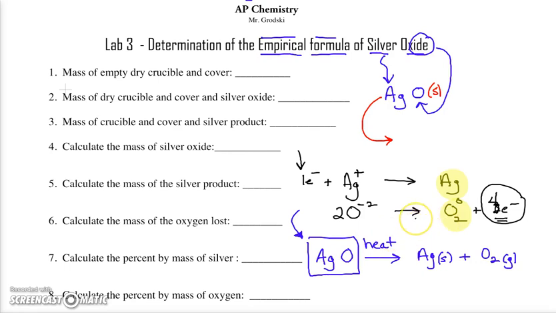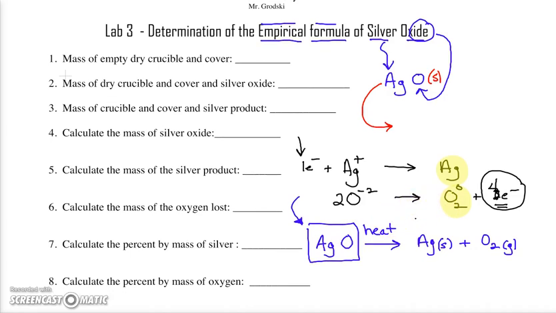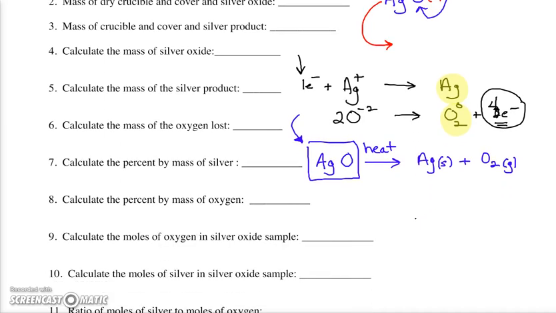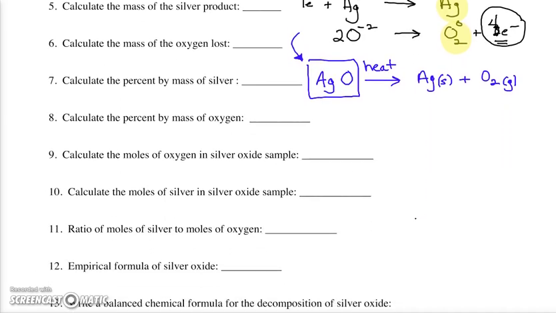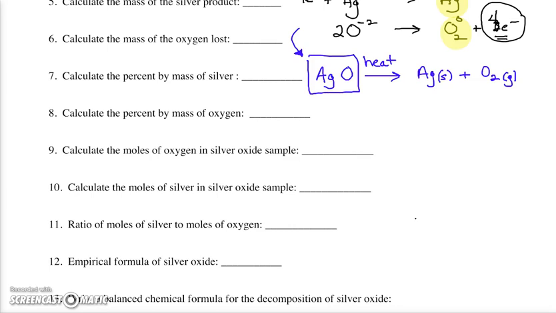Now, what else is going on is that when we're dealing with silver oxide, what we're trying to do in this lab is figure out the mass of the silver and the oxygen. Very understandable. We want the mass of the silver, and we want the mass of the oxygen. So very simply, we're finding the mass of the silver oxide, and then we're heating until that mass gets lowered, because we're going to drive off all the oxygen.